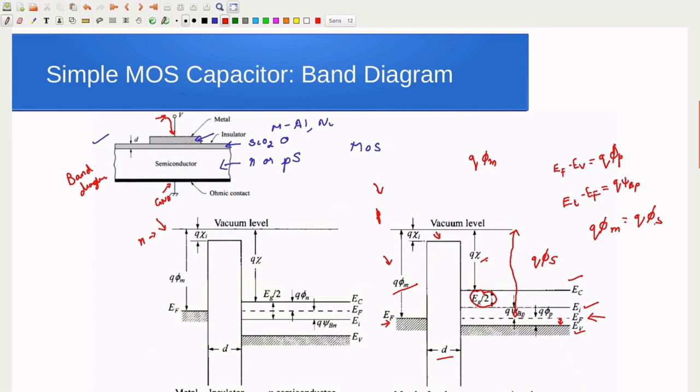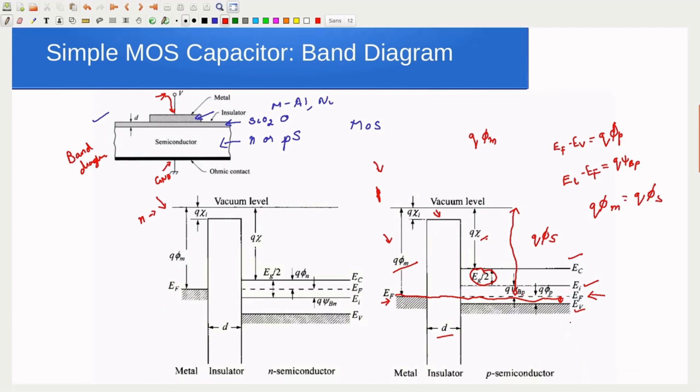The inference that we get from this equation is that the Fermi level at the metal side and the Fermi level at the semiconductor side are aligned at equilibrium, or the two levels are on the same Fermi energy level.